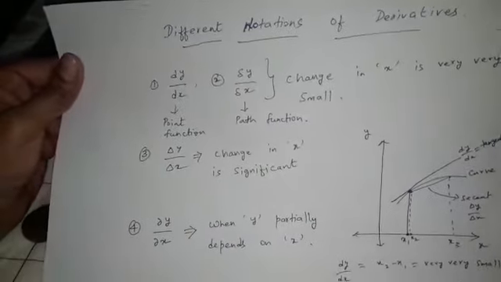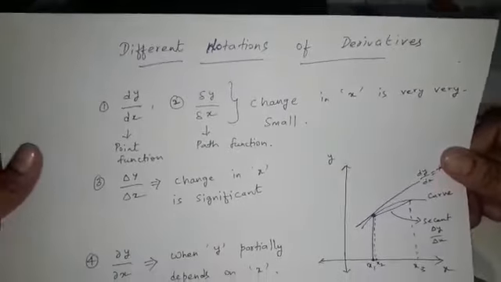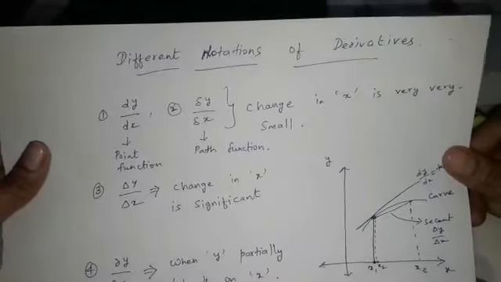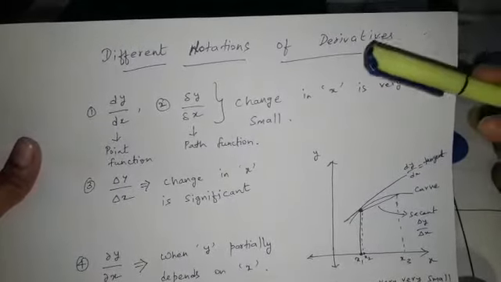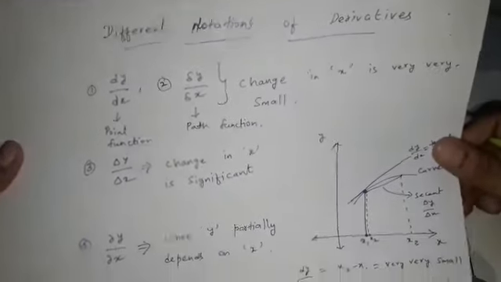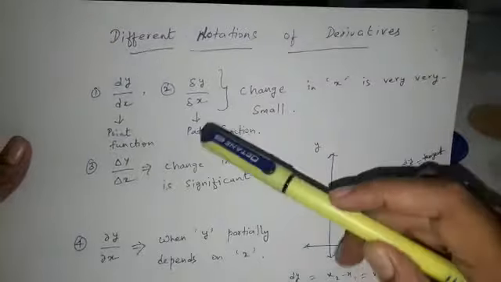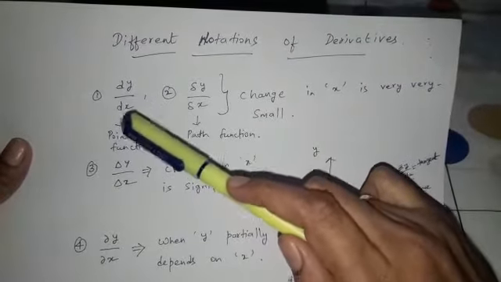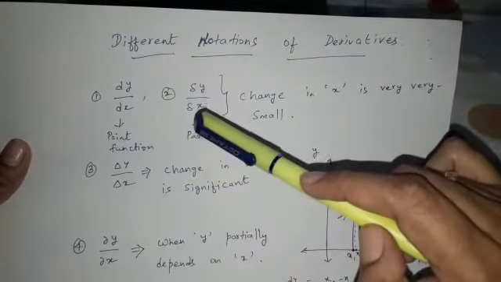And you will see so many notations of derivatives. Whenever you take any engineering textbook, you will find different authors using different notations for derivatives. Let's see what the different notations are. The first notation we often use is dy over dx, and also del y over del x.